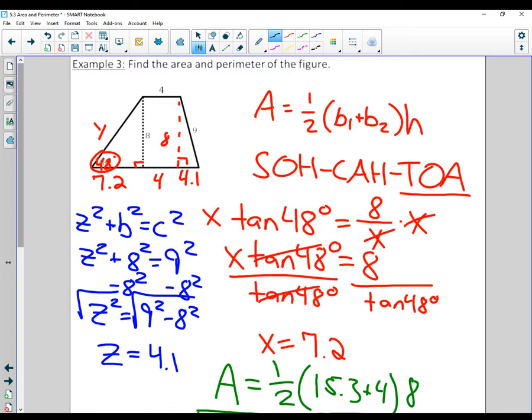How do I find y? I just went over the two ways to find side lengths.